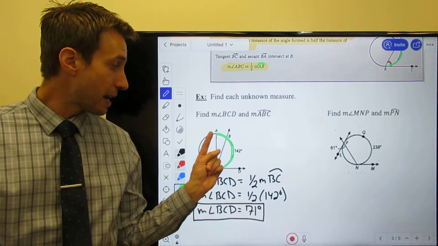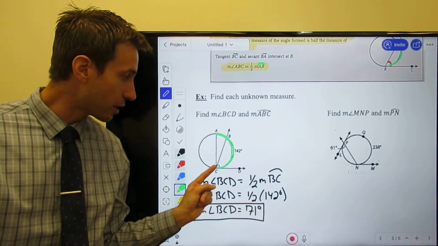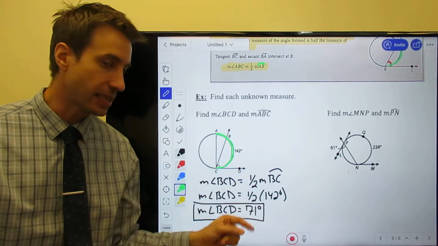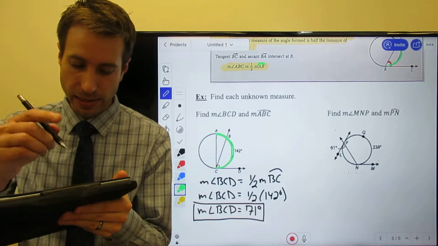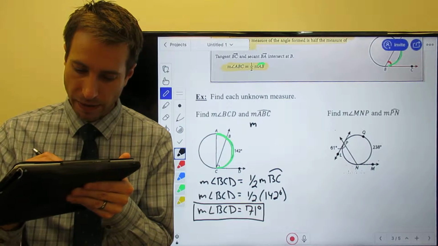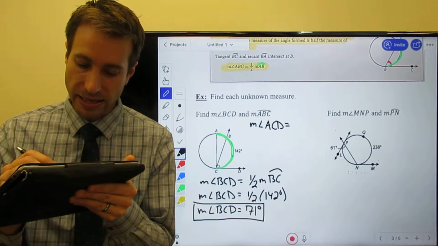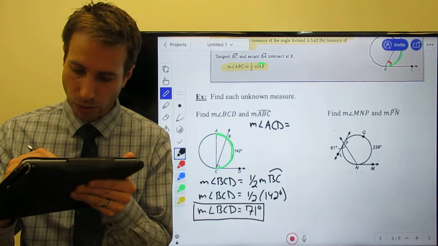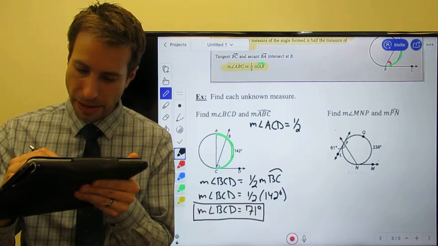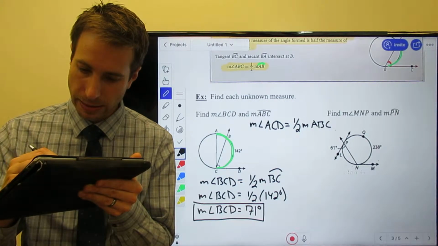I know that the measure of that arc is related to the measure of angle ACD, and it's related by this equation. The measure of angle ACD is equal to 1/2 the measure of arc ABC.